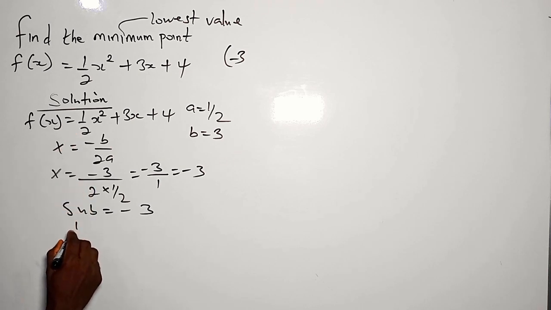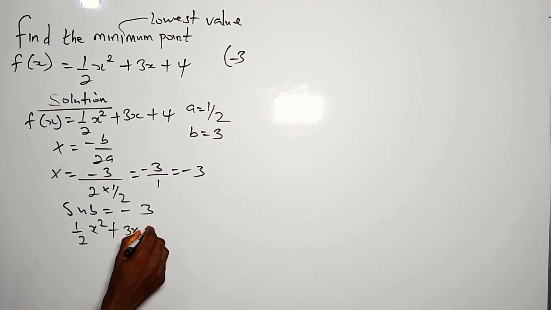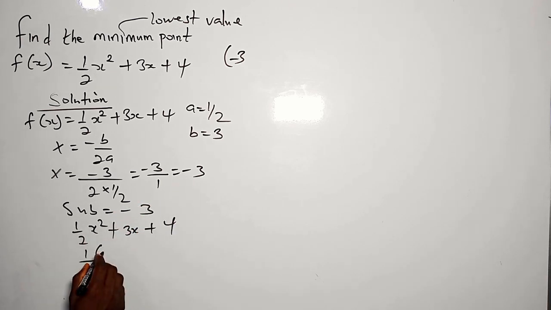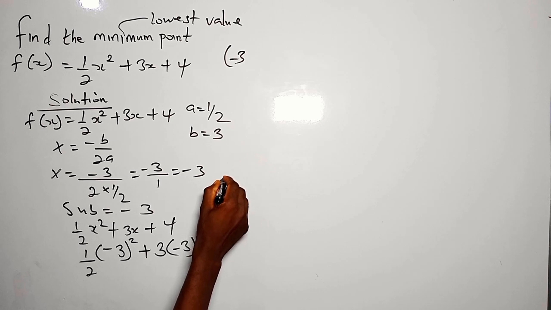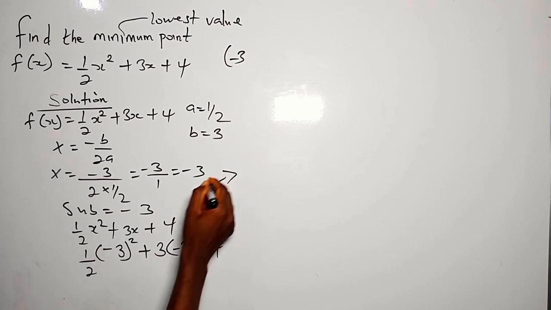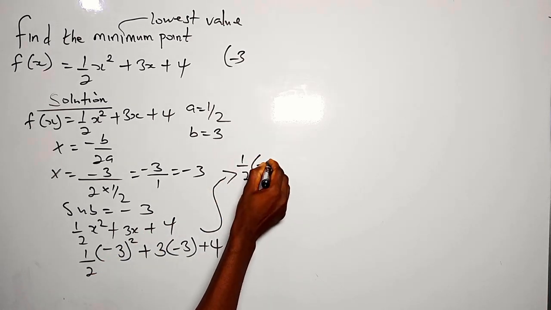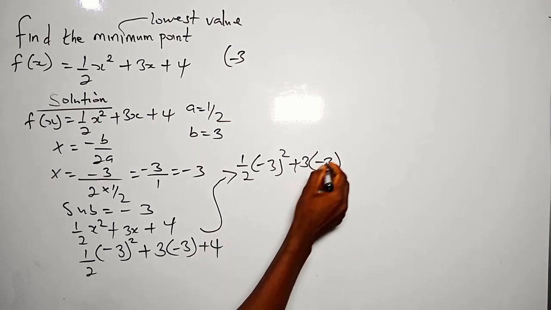So we have 1 over 2 x squared plus 3x plus 4. When we put this back, we have 1 over 2, and for x, we have minus 3. So minus 3 squared plus 3 into minus 3 plus 4.